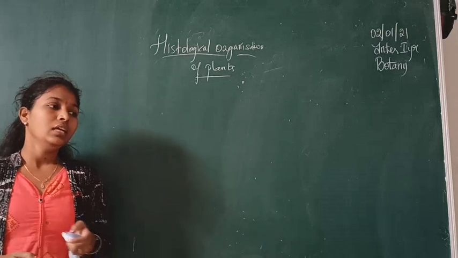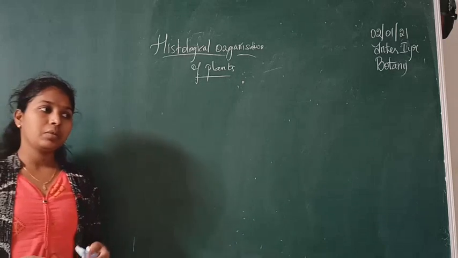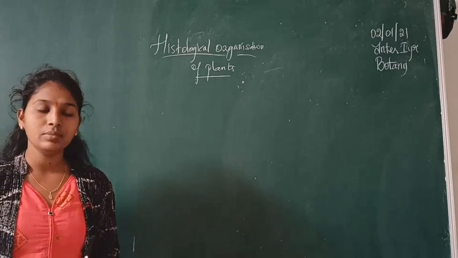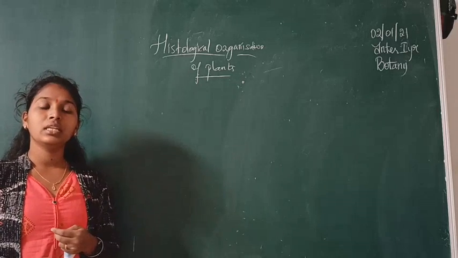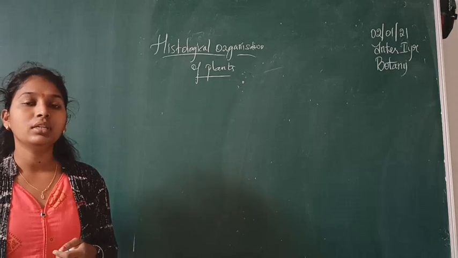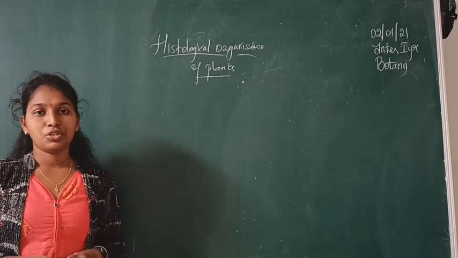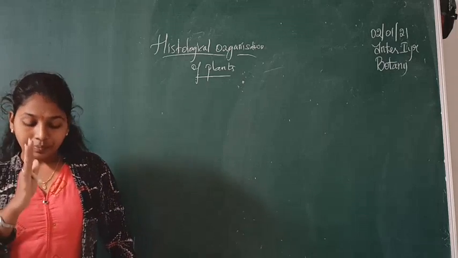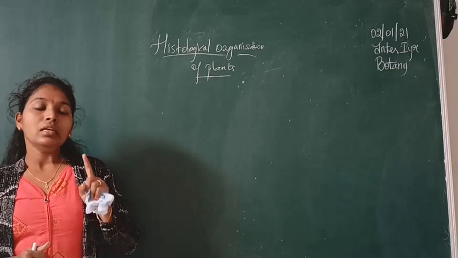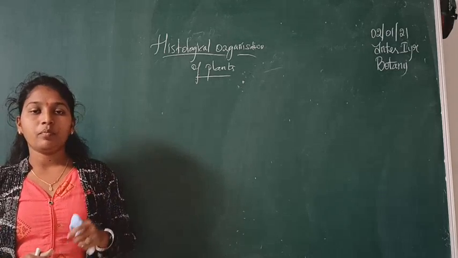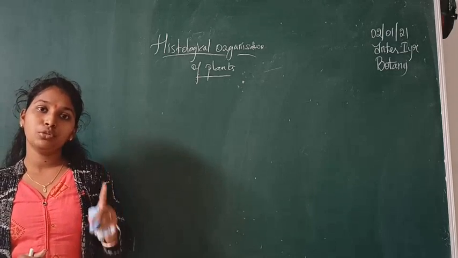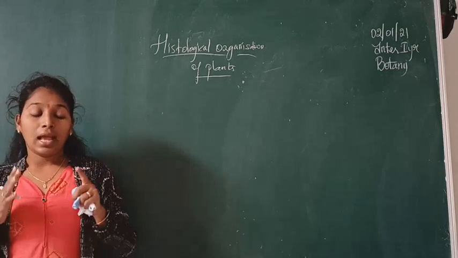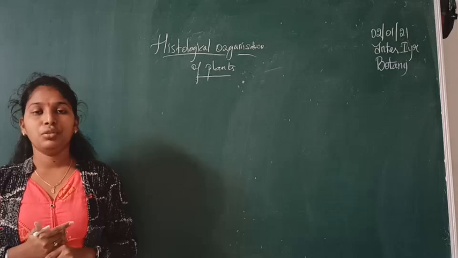So previously we described the different types of tissues as well as the tissue systems, and particularly in yesterday's class we covered the transverse section of a primary monocot root as well as a dicot root. Monocot means single cotyledon, dicot means two cotyledons, and we did a transverse section of both.